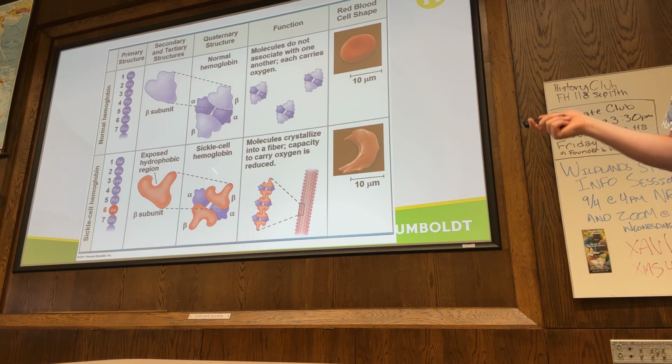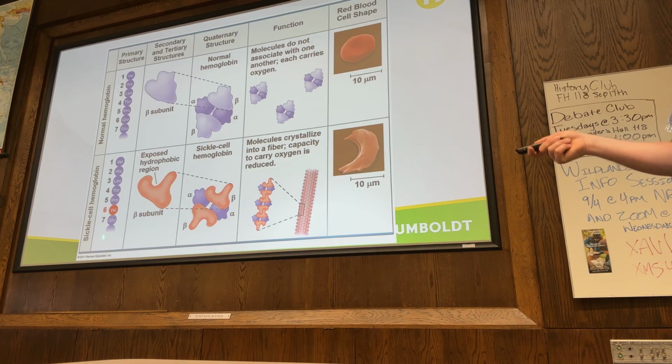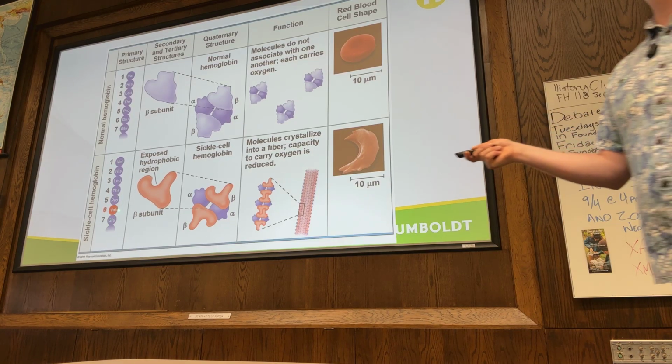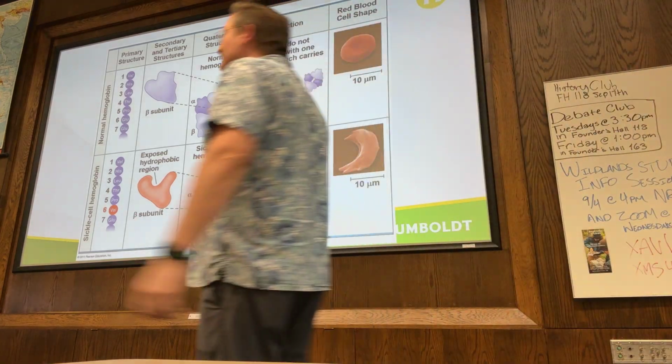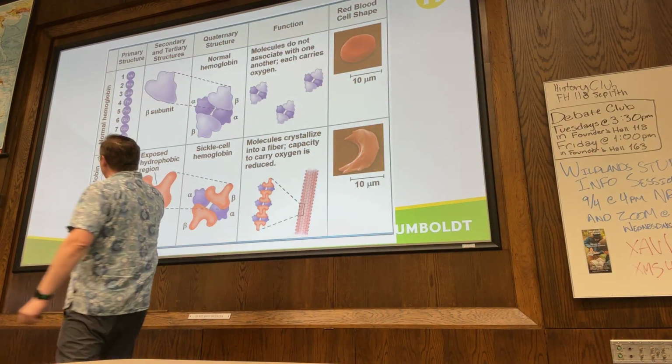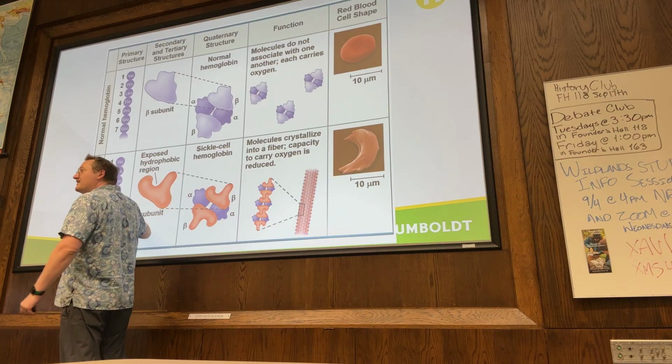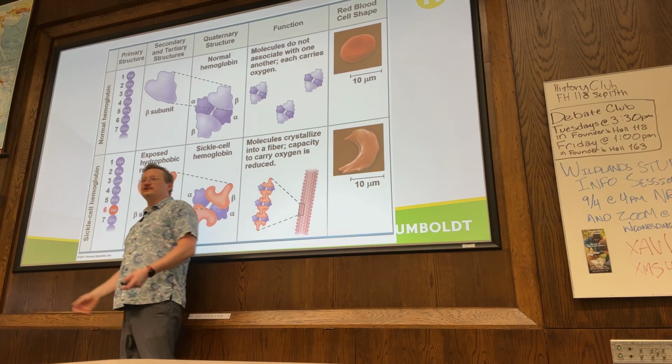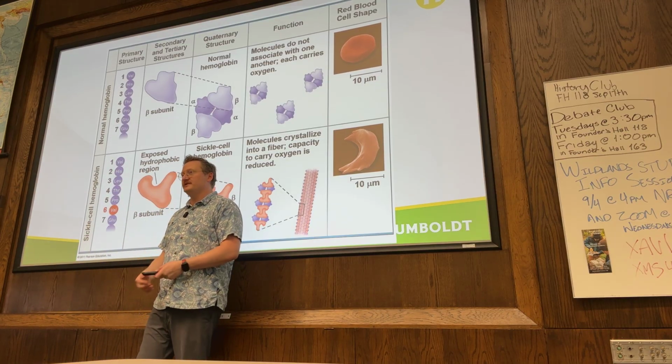If there's a mutation in the genetic sequence that encodes the beta subunit, you get a different primary structure, a different sequence of amino acids. That different sequence affects what side chain is being exposed here, and that is going to influence the tertiary structure of the protein.